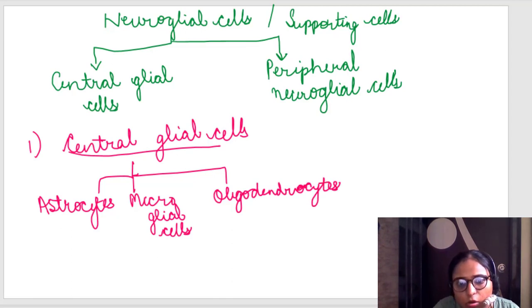We'll talk about it in detail one by one. Let's move to that. Okay, we will see how the glial cells are classified centrally. We have seen that central glial cells are classified into three types: your astrocytes, your microglial cells or microglia, and the third one is your oligodendrocytes.